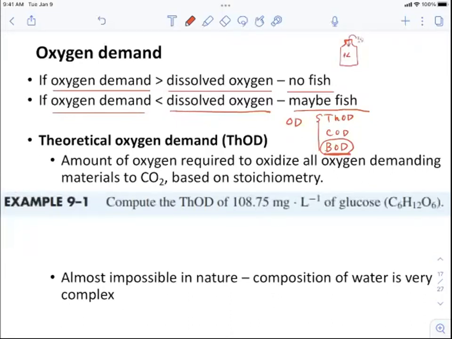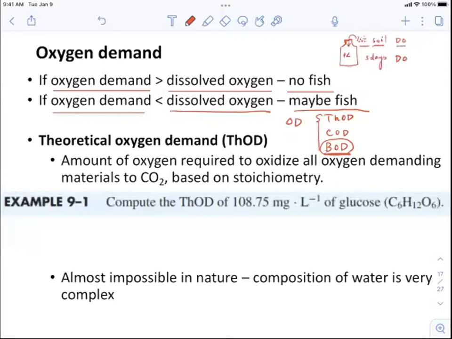These bacteria, or microorganisms, are just what's present in the natural system, in the soil. We measure the dissolved oxygen before we introduce these bacteria, and measure the dissolved oxygen after, let's say, 5 days.